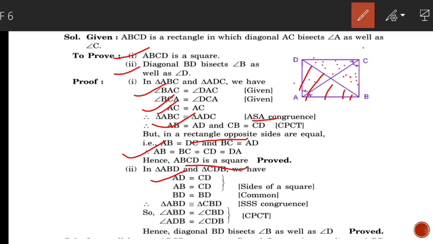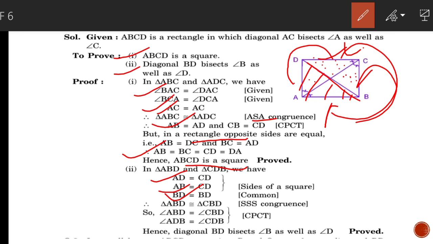Here AD is equal to CD, sides of a square. Again AB is equal to CB, sides of a square, and BD is a common side.